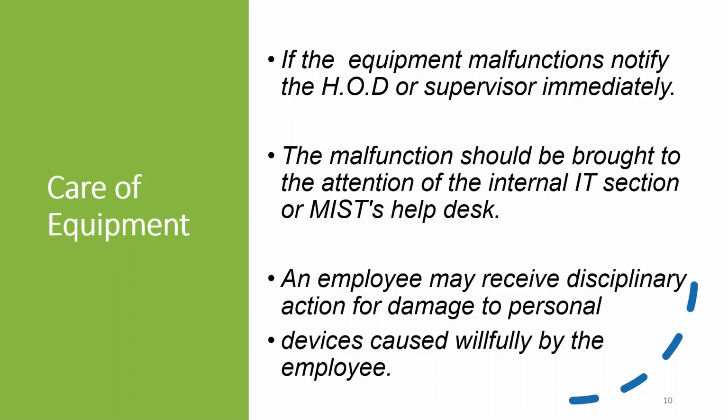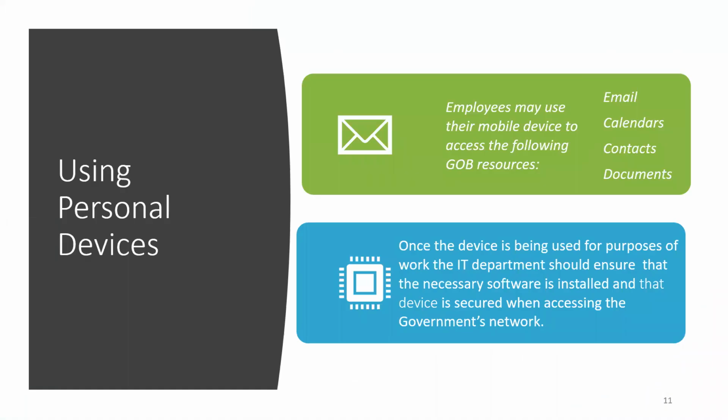Now, in some cases, permission may be given to the public officer to instead use their own personal devices for work purposes. So in this case, permission would usually be given to use their own device, whatever belongs to them, for work purposes.